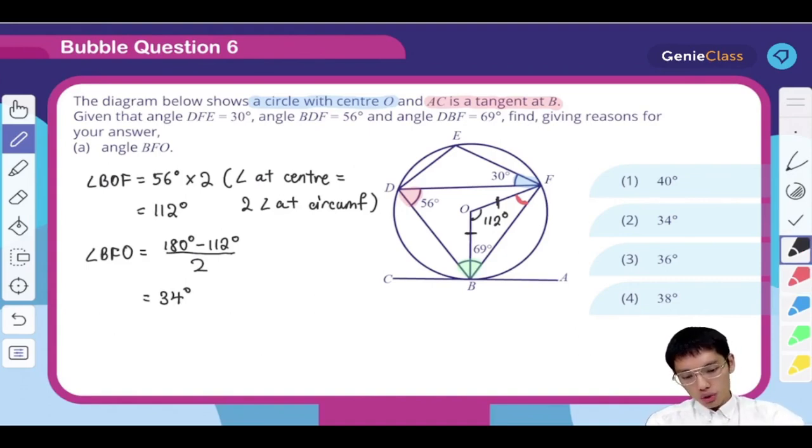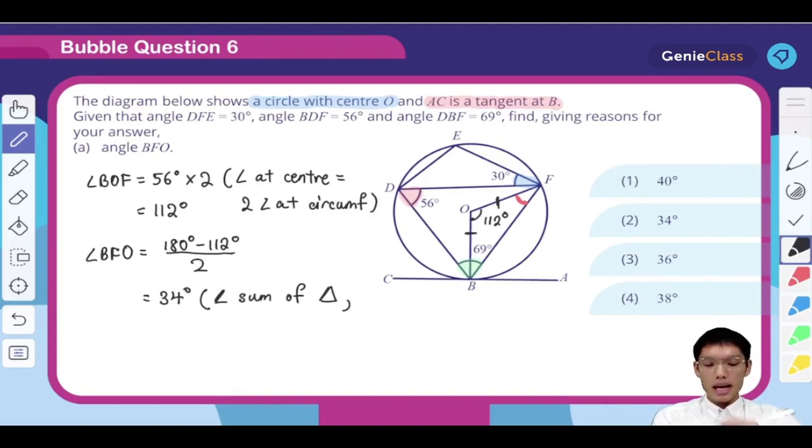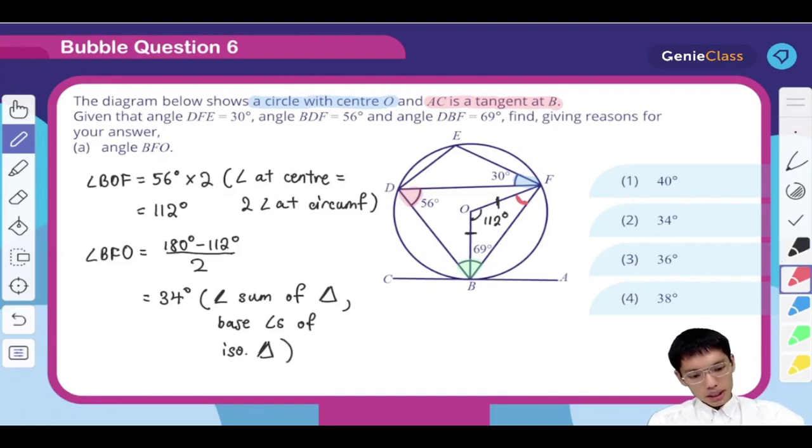There are 2 reasons actually. One is because it's the angle sum of triangles, and because I'm looking for the base angles of my isosceles triangle. That is why I can actually get to my answer 34. Very important over here. Very, very important.